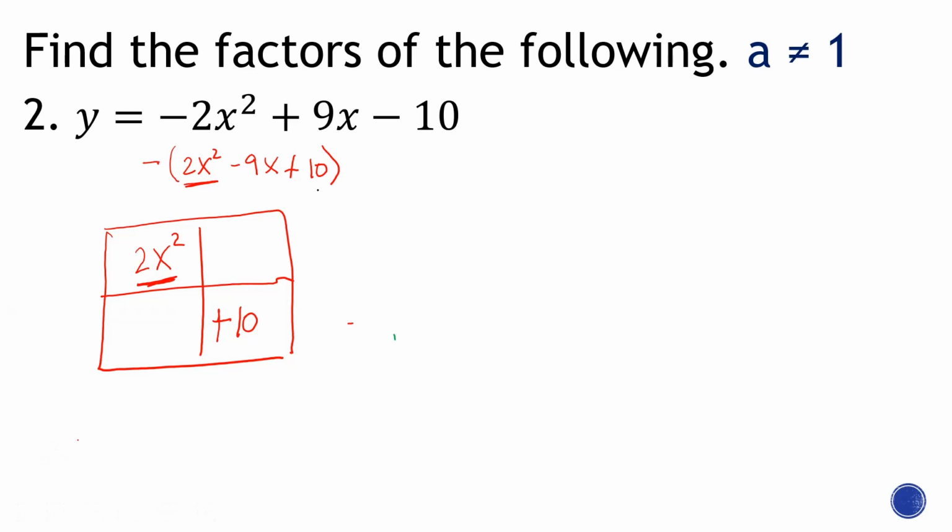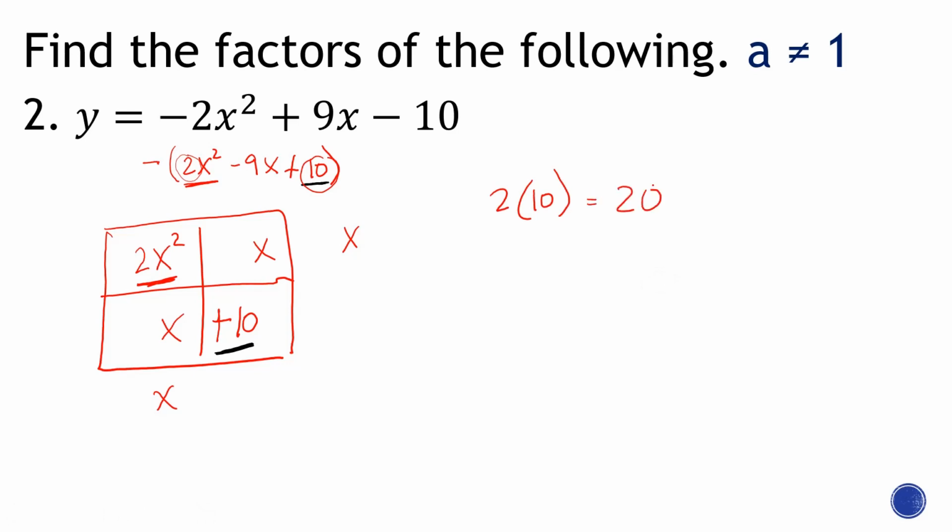I will write the x's in advance. Next, I'm going to multiply. My consideration now is the factored form of the original problem is 2 and 10. So that's 2 times 10, which is equal to positive 20.